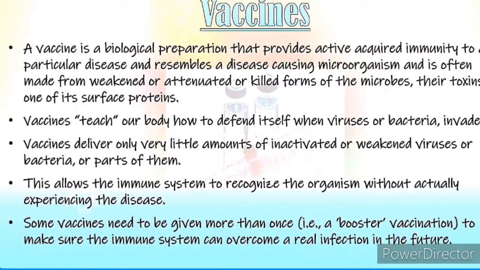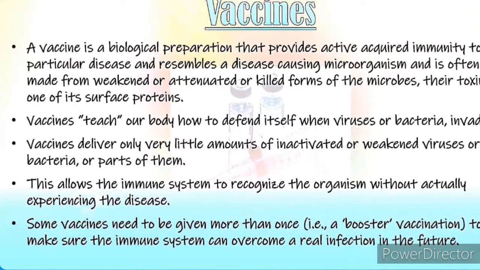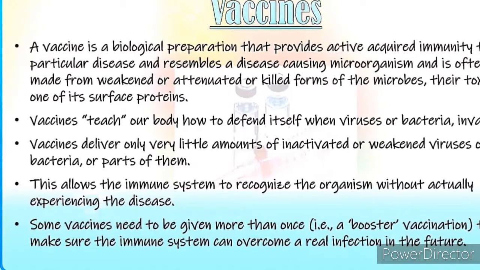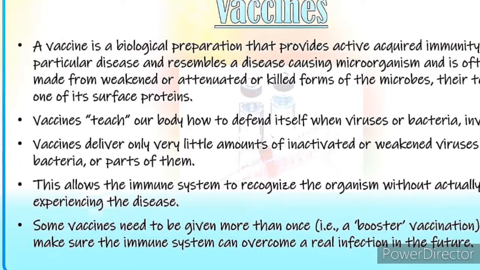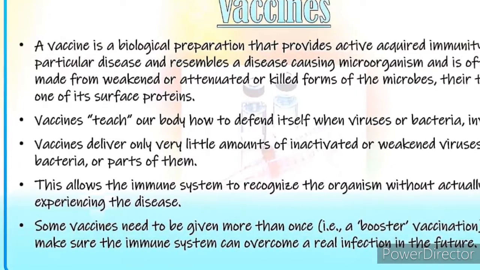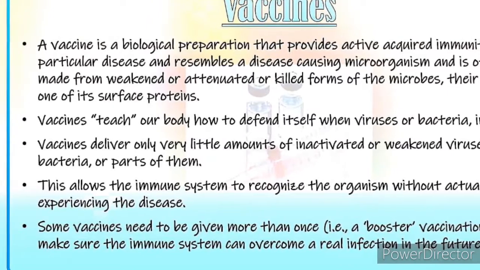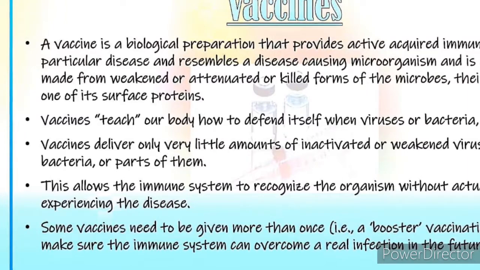So vaccines teach our body how to defend itself when viruses or bacteria invade it. This allows the immune system to recognize the organism without actually experiencing the disease. Some vaccines need to be given more than once, that is booster vaccination.